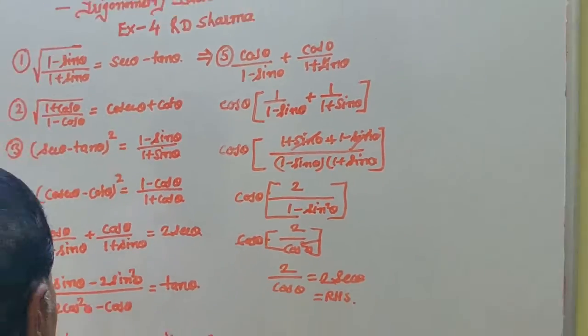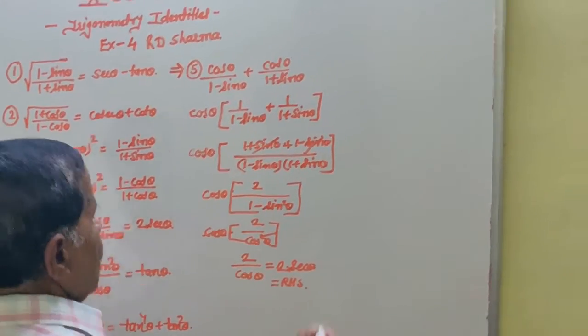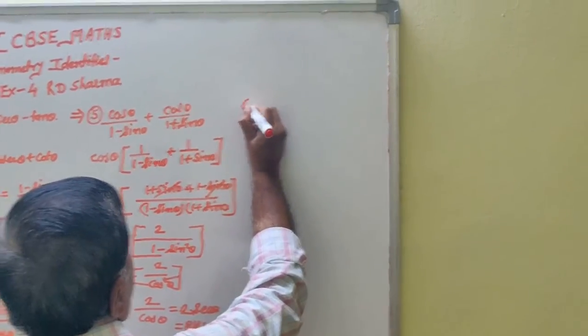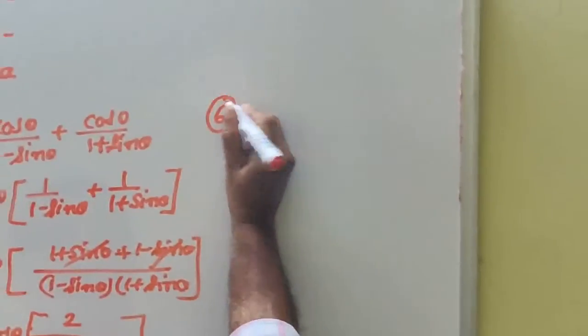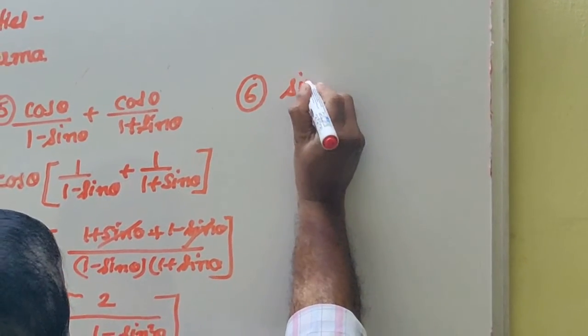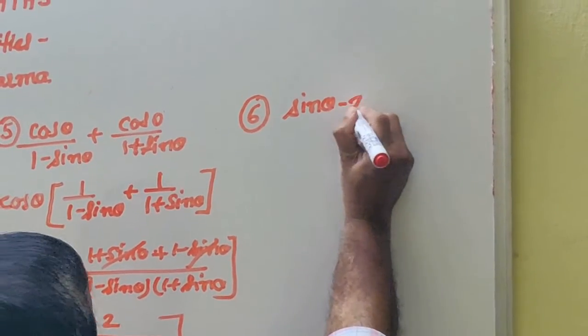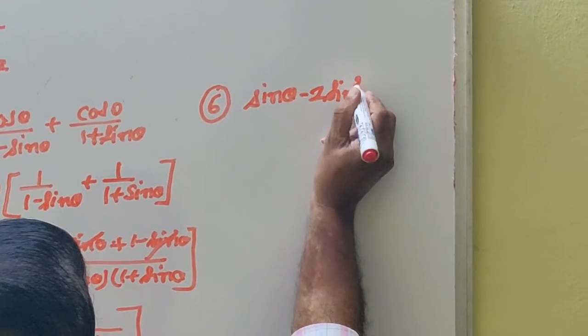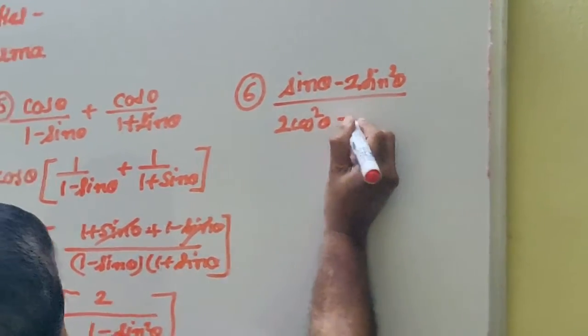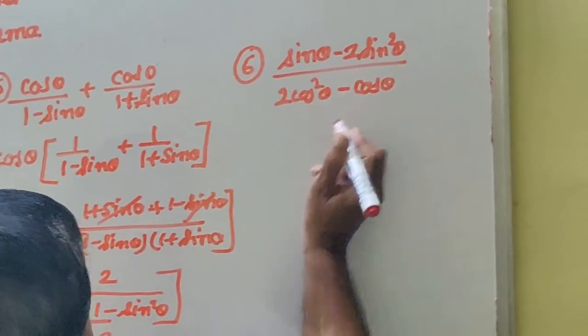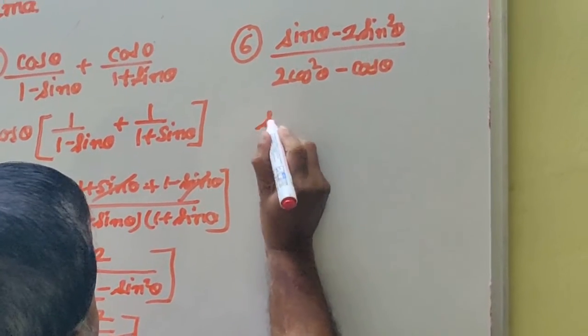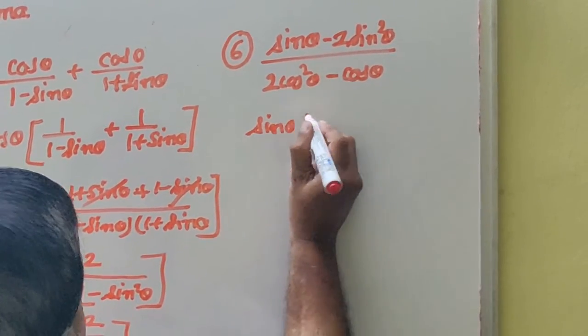Now we are going to solve the sixth problem. In this problem, sin theta minus 2 sin cube theta minus cos theta is given. So I can take out sin theta common from the numerator.